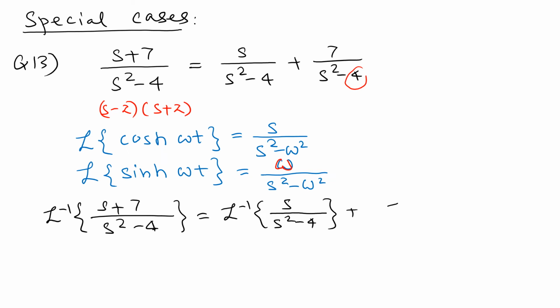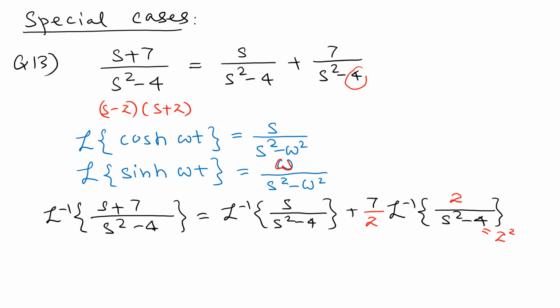You can see the special number that you need in s² − 4. We know that 4 is 2 squared, which means the special number we need on top is 2. So we divide by 2 and multiply by 2: put the 2 inside and the 2 outside, but outside it has to be 1/2 to cancel each other. And then we put the 7 here, the 7 you had.